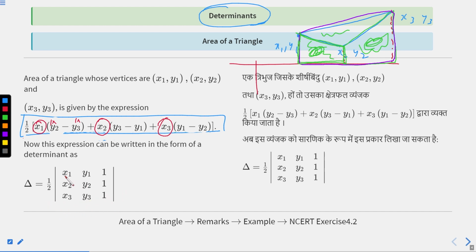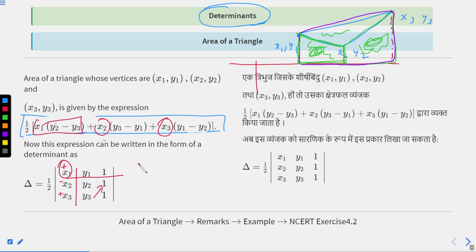Now if you try to find your determinant using your column 1 like this, you will have to choose signs plus, minus, plus. So plus x1, and now you eliminate the entries: you will multiply, and you will have y2 minus y3. So nicely written. Okay, you got this.